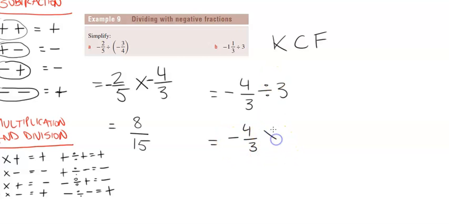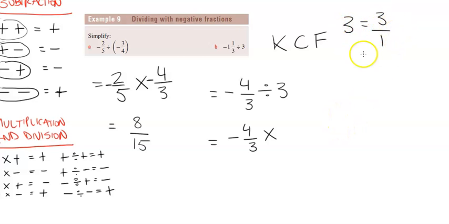change this into multiplication. Now we run into a bit of a scenario I haven't seen before. We need to flip 3. Now we're so used to flipping fractions. But what do you do when you need to flip a whole number? Now you just got to remember that 3, or any type of whole number, but 3 namely, can be written as 3 over 1.